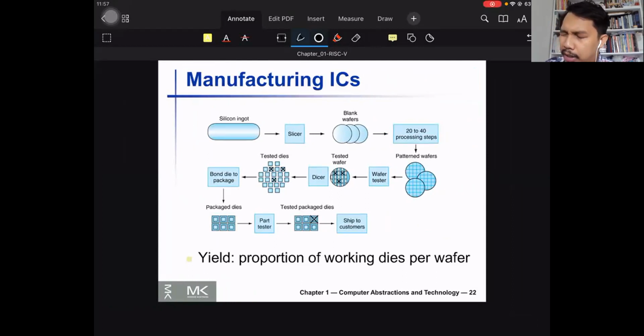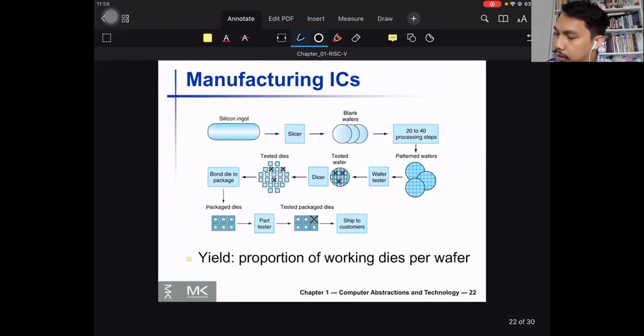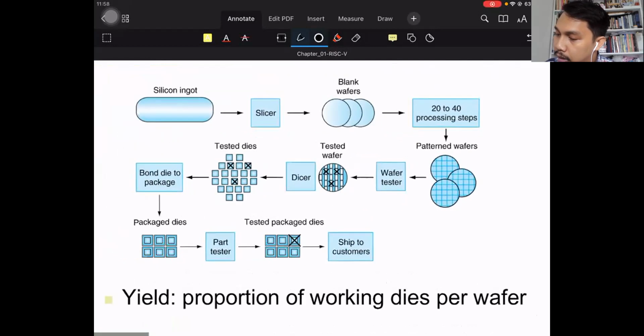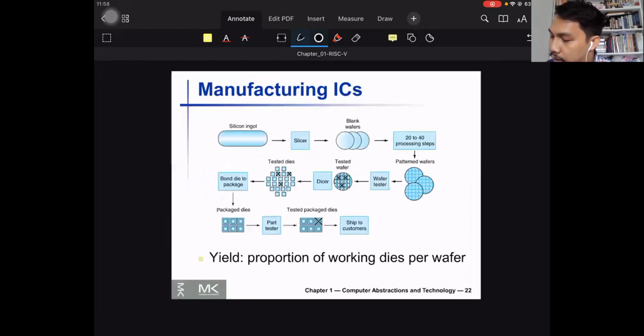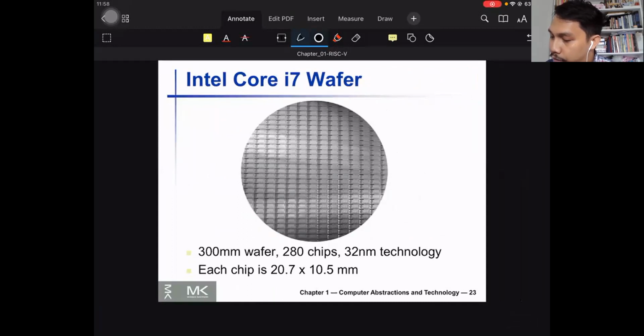So how are ICs manufactured? Not only ICs, but also the internal circuitry that composes modern day microprocessors. What is the process? This is an Intel Core i7 wafer.